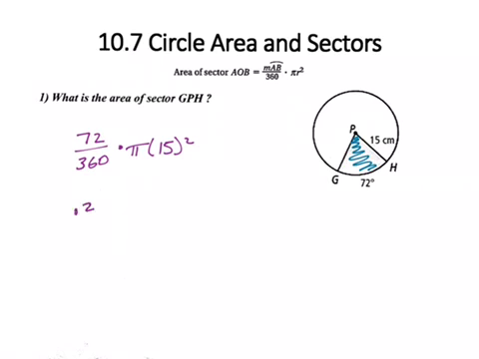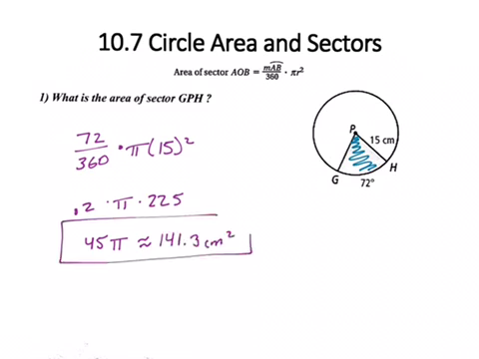It's just 0.2 in this case. And so 0.2 times pi times, in this case, 225. We can take 0.2 times 225. We're going to get 45 pi. Or if we multiply this out, we get 141.3 centimeters squared for the area of our sector.